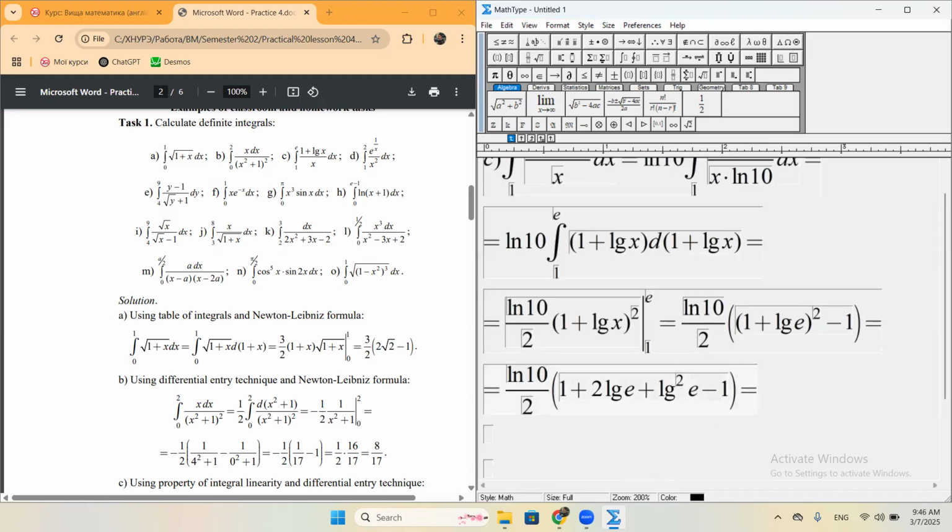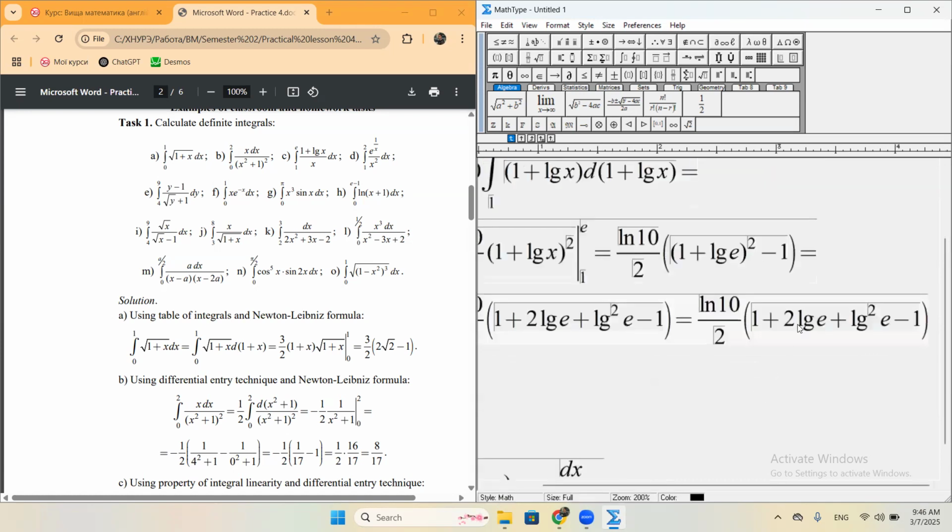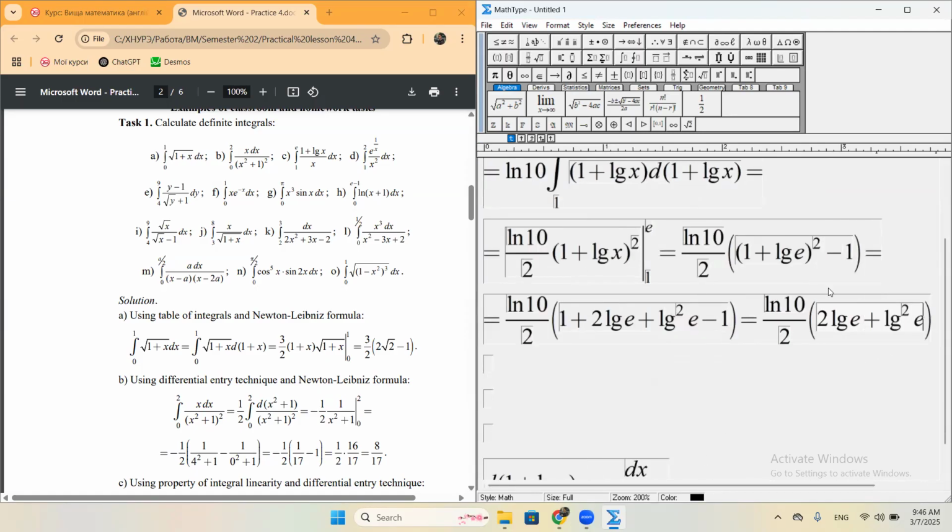And I can just eliminate 1. I can also move the logarithm of e out of brackets, but we can leave it like this. So we found the integral, so this exercise is done.